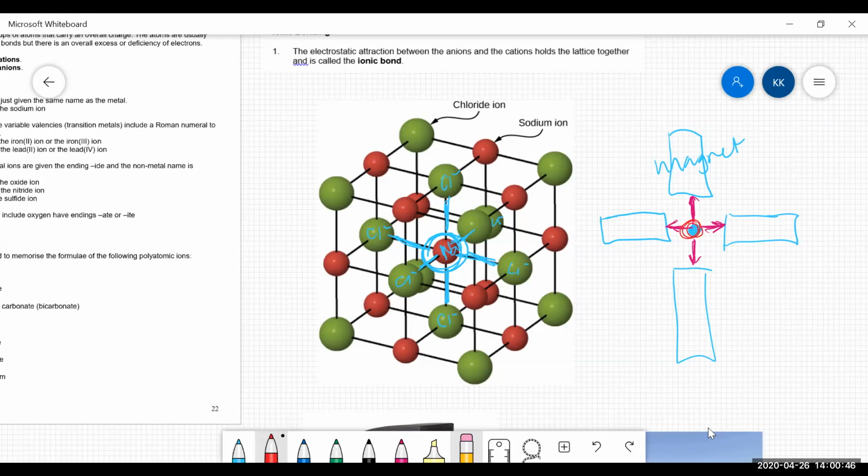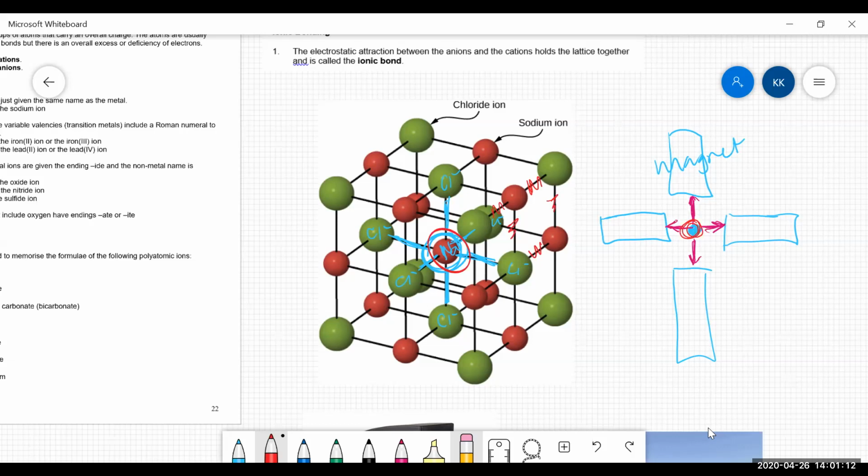So over here in the lattice, that's the situation you have. You have that equal attraction in all directions. And so the forces on this sodium in the middle are absolutely balanced, and therefore the sodium just stays there. These sticks that are shown here, they don't actually exist. They're just forces. They're not actually physical things.